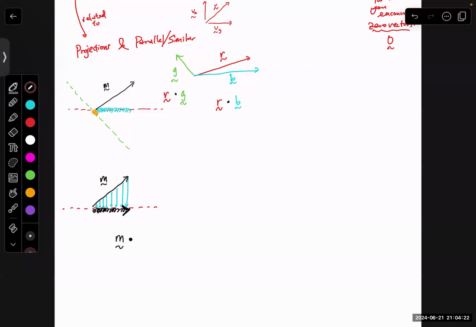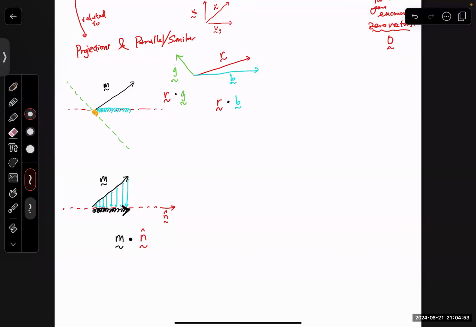So M dot, and then I choose a direction. Remember that just now I mentioned how we talk about directions in the context of vectors. Directions are encoded in a unit vector. So M dot, let's say this red one is vector N hat. N hat describes the direction. So vector M dot vector N hat.